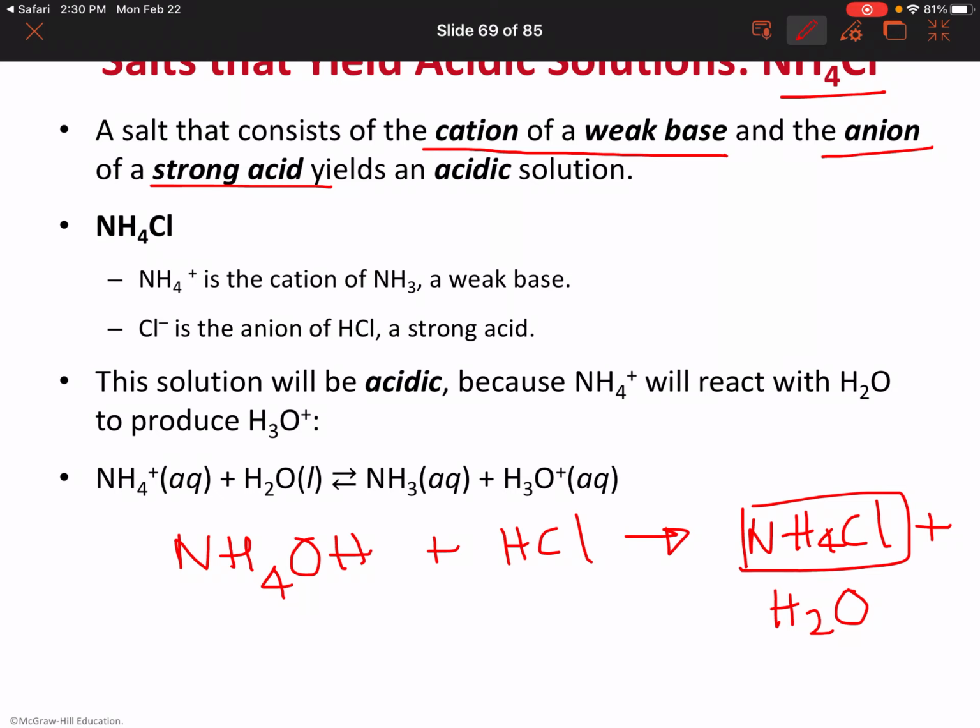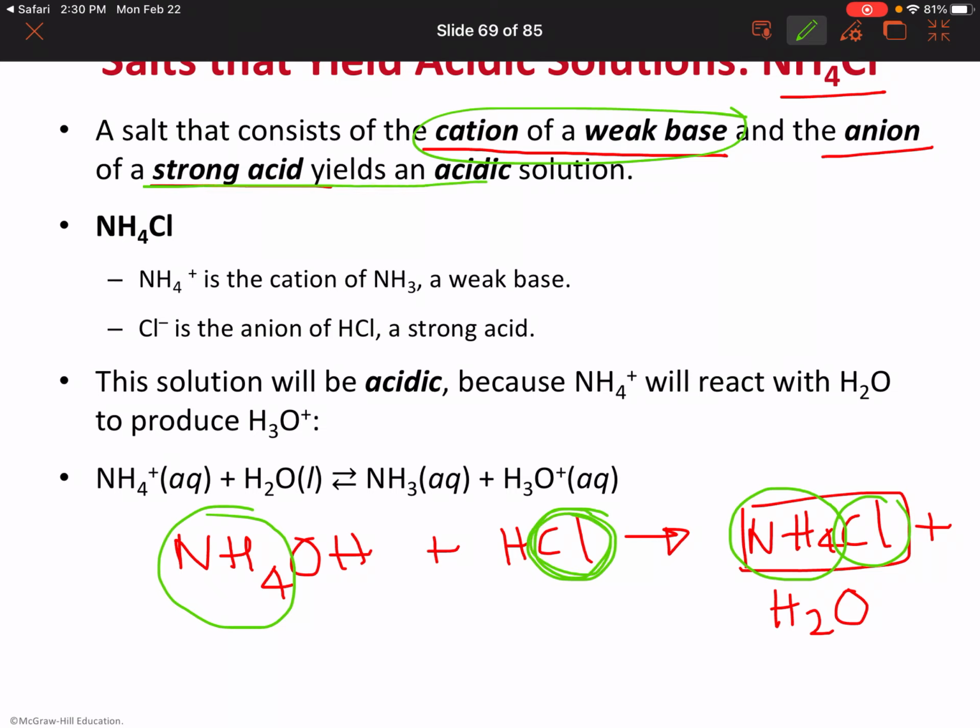How is this salt formed? The ammonium ion came from the cation of a weak base, and the chloride ion came from the anion of a strong acid. That gives you an acidic solution. How does that happen? If you take ammonium chloride, this is a salt. It will dissociate to give you ammonium ions and chloride ions.